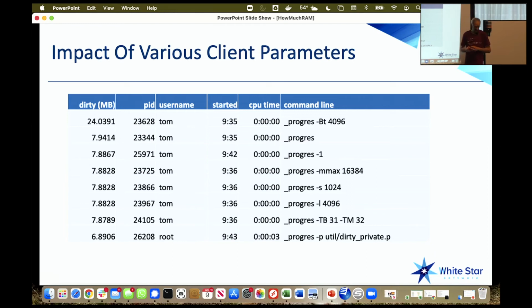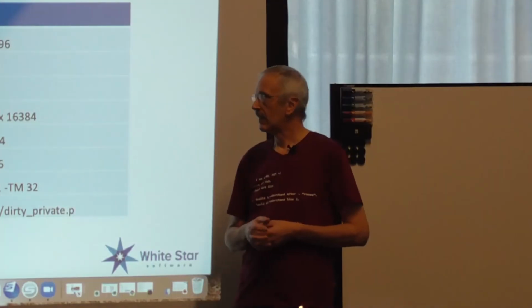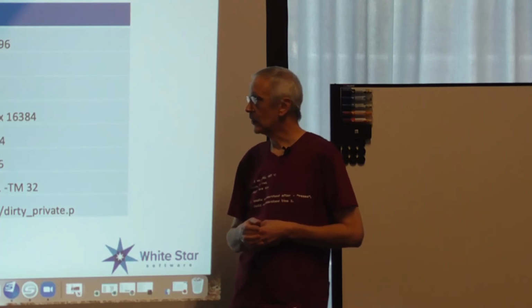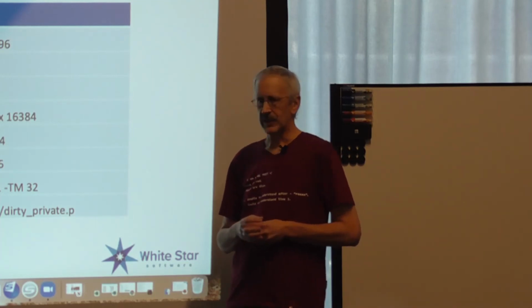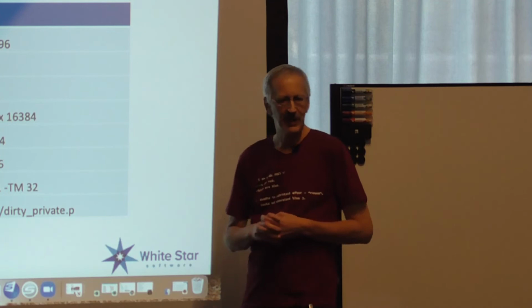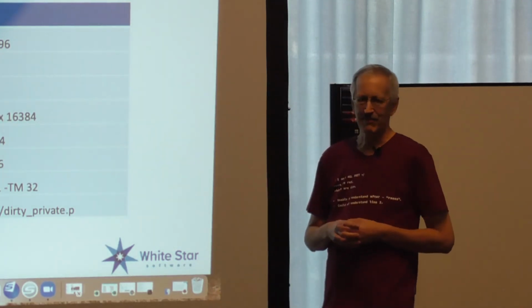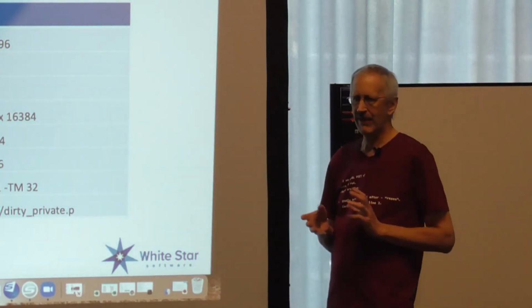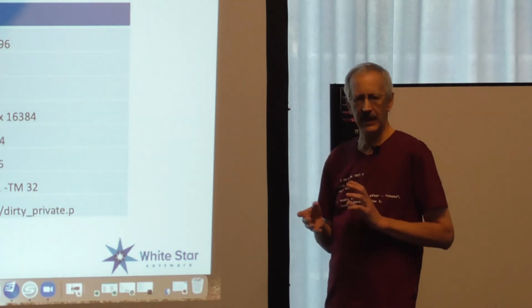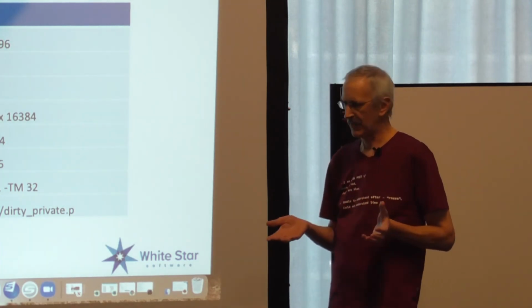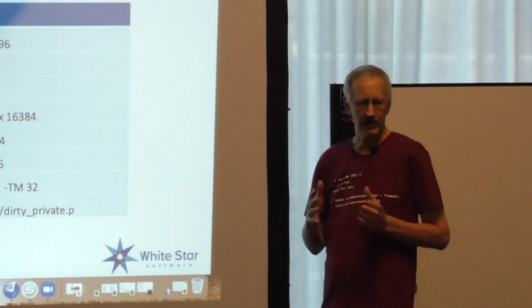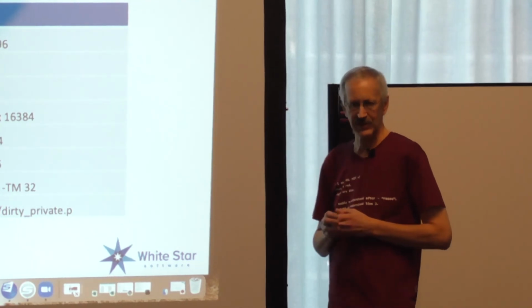We had a client a couple of years ago who set their -Bt to, I forget exactly what it was, but it was a 6-digit number, I think. They pretty much swamped the database server, and they were having a hard time figuring out what they had done that over-allocated memory on that server, until we started looking at the clients and said, oh my goodness, those clients, that's huge.